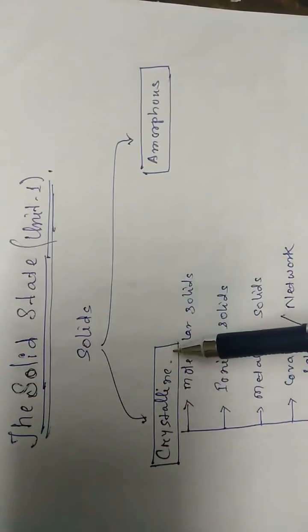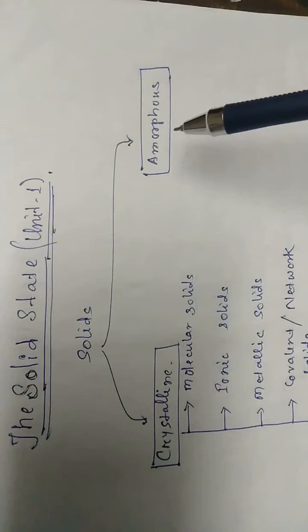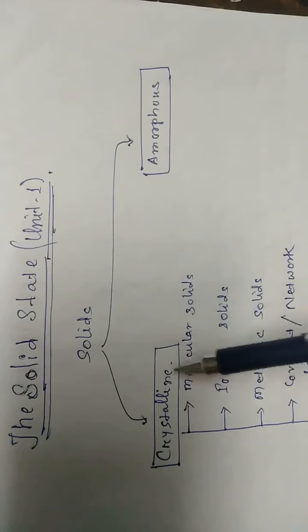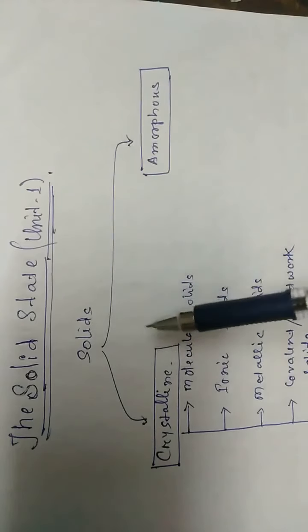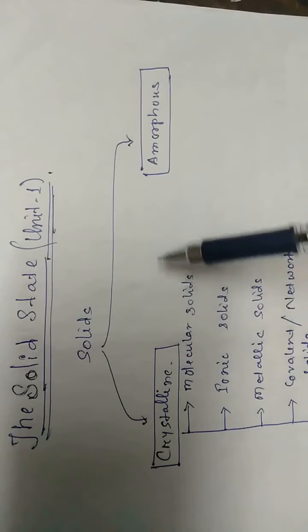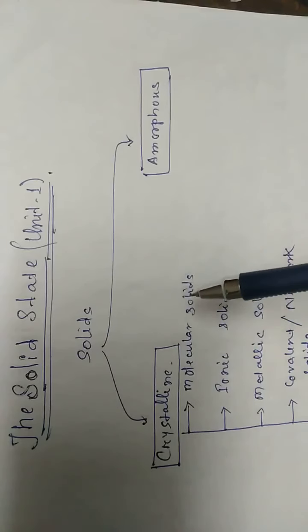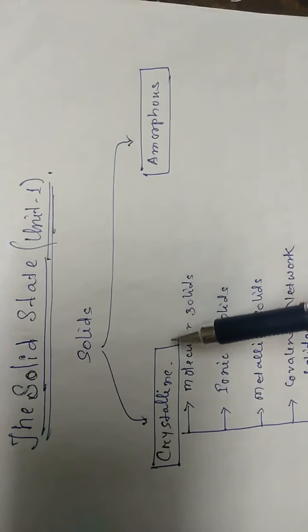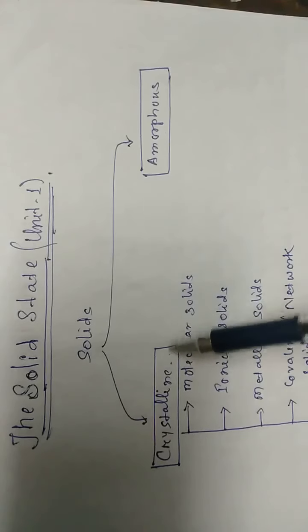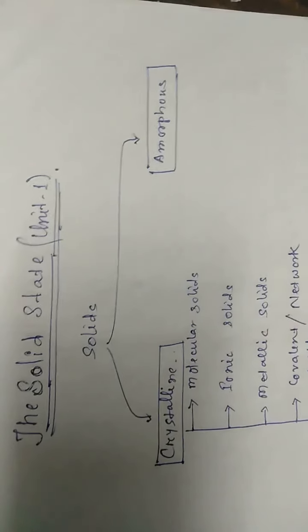Two types: crystalline and amorphous solid. This is the classification of solids on the basis of the arrangement of the constituent particles in a solid.